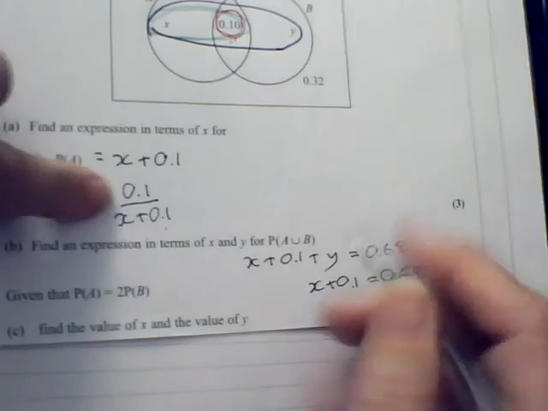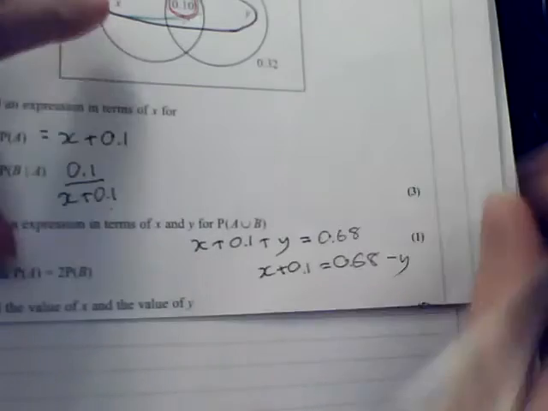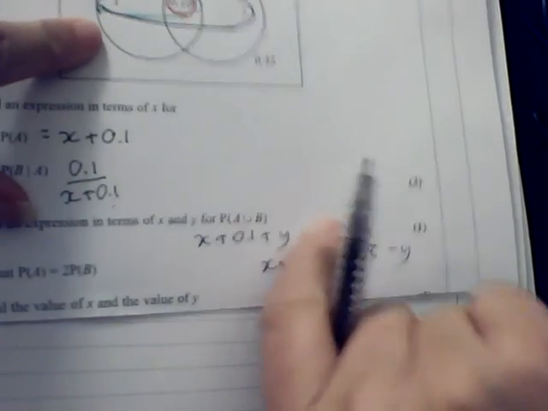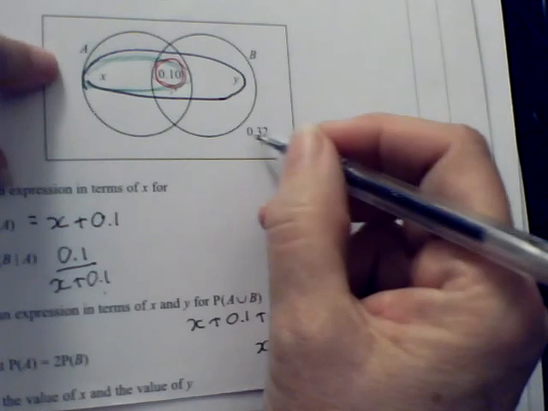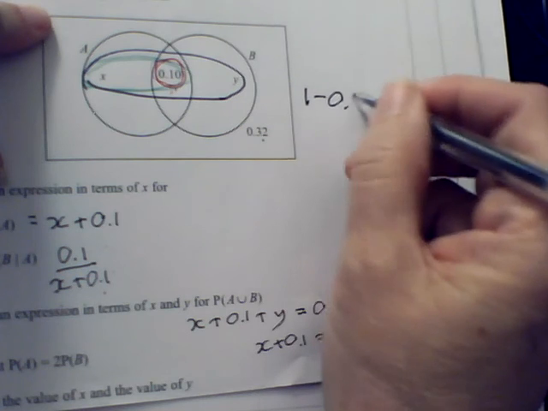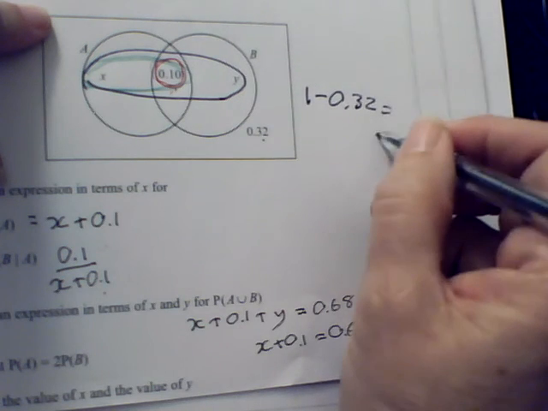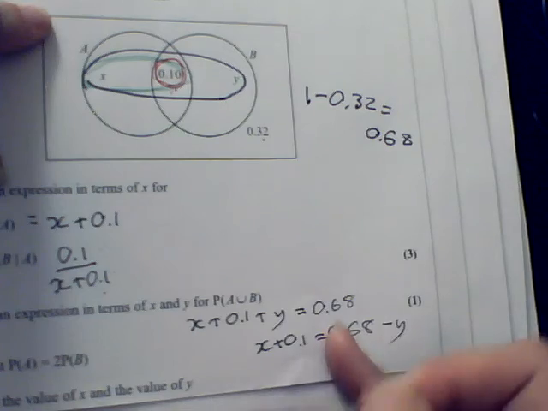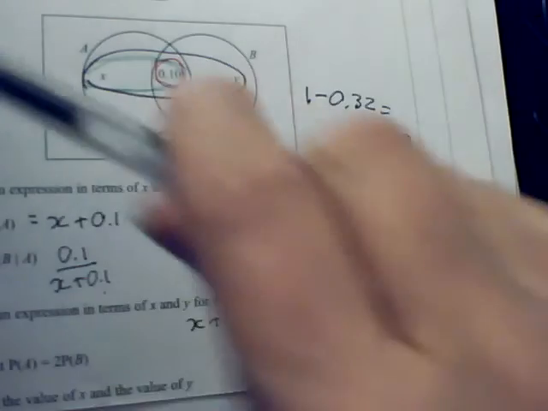And I've written down here that it equals 0.68, and you can see that because we've got here 0.32, so 1 minus 0.32 is 0.68. So all of these three added together must equal 0.68.